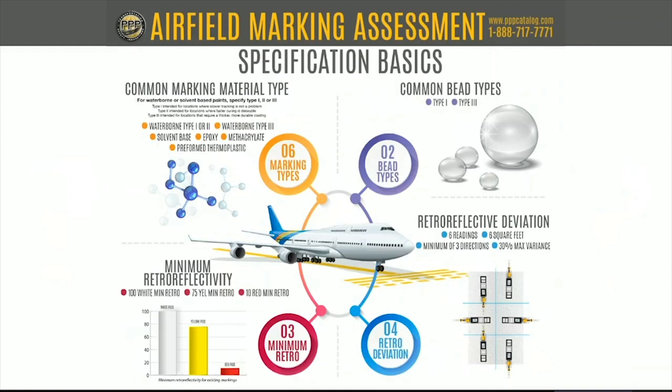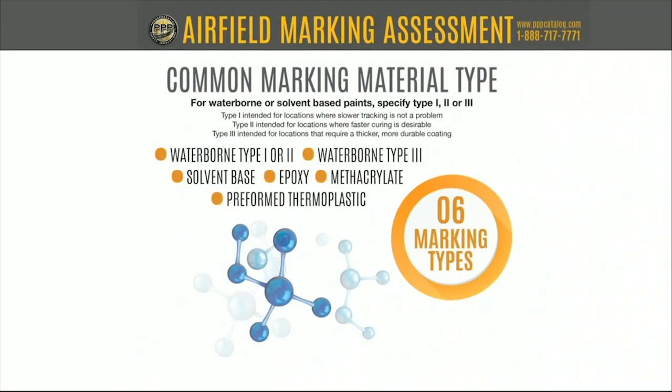Mike's going to start off here with us with the 6 most common marking materials. Mike? Thanks, Greg, and good morning all. Thanks for taking some time out of your day to join us for this webinar. I'm going to start out with the 6 most common material types used on airfields. The one that you're probably most familiar with is the waterborne paints.